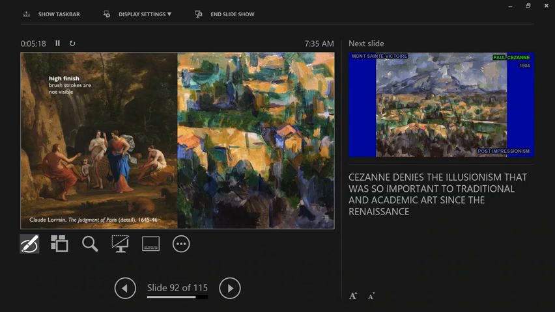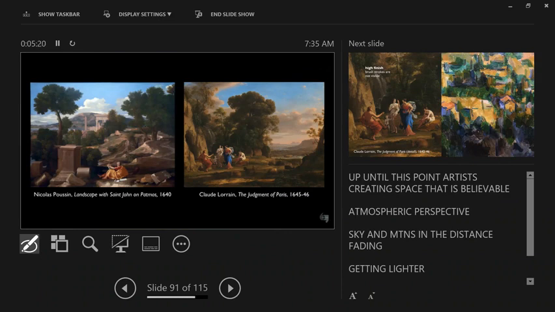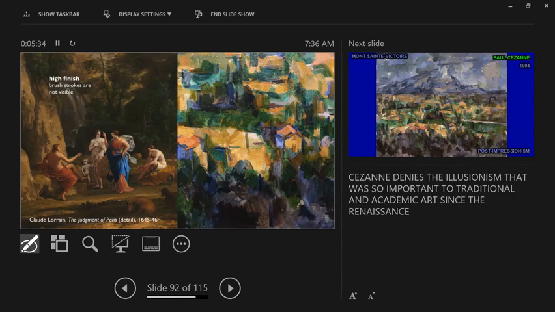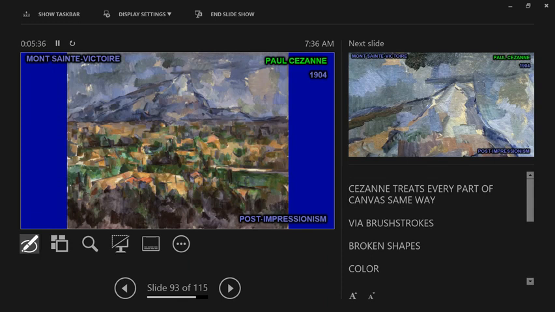Another thing that artists did at that time, when they're doing these traditional landscapes, is that the sky and the mountains are very thin layers of paint, and the foreground are thicker layers of paint. And Cézanne destroys that rule, and everything has the same level of paint on it.